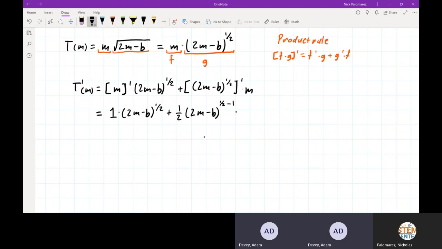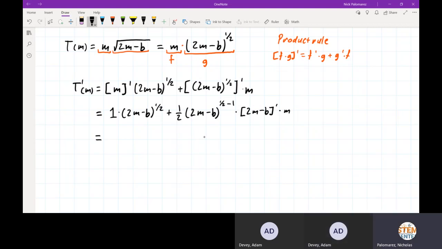Oh wait, and then the m. Well, be careful. Chain rule showing up again. So we have to write again in brackets 2m minus b. And the m just comes along for the ride.